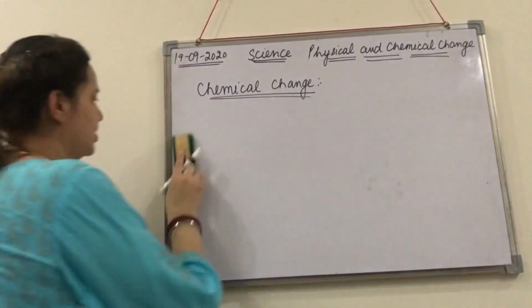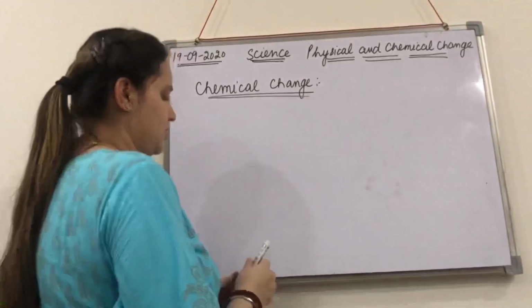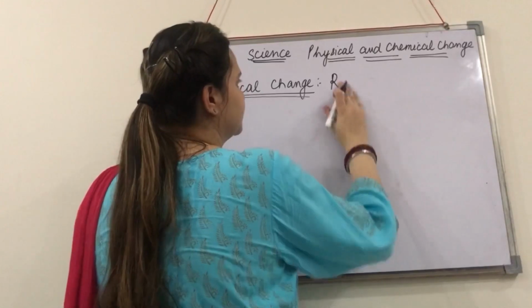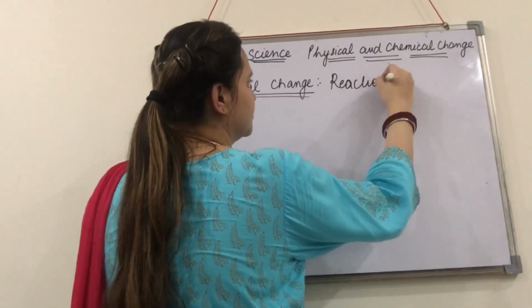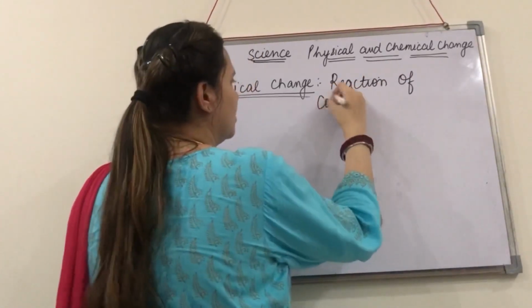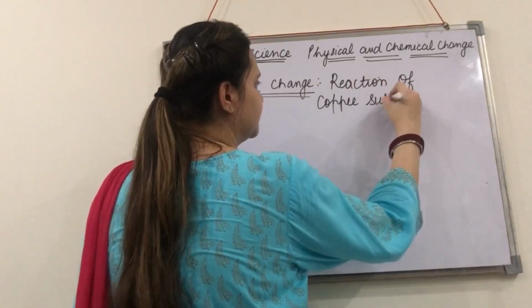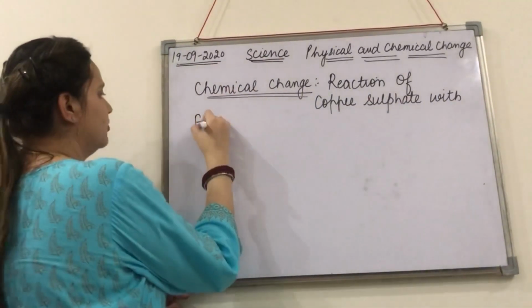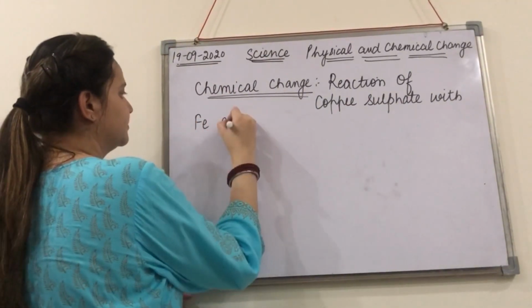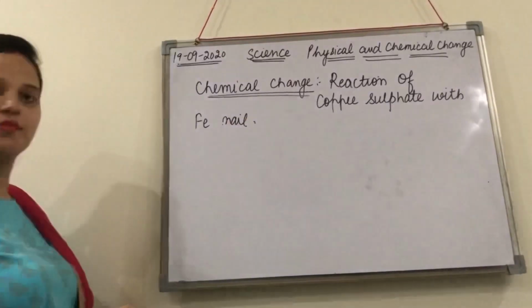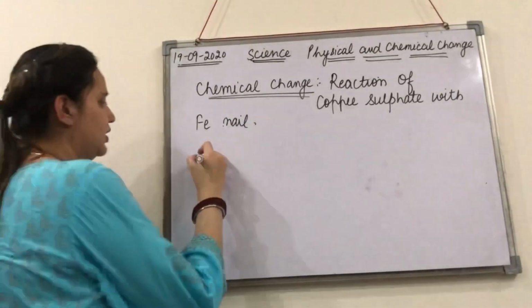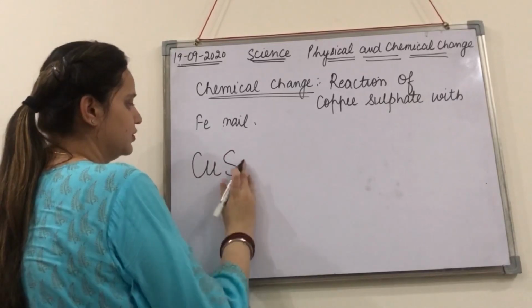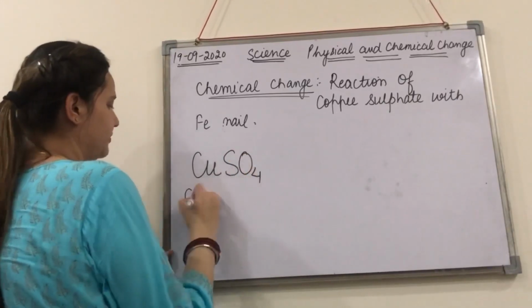Now coming to the third change, that is the reaction of copper sulfate with an iron nail. Here I am taking copper sulfate, CuSO4.